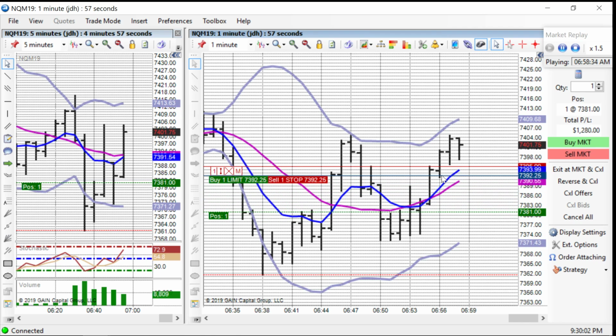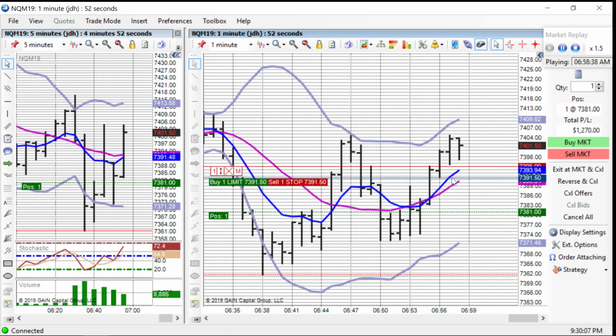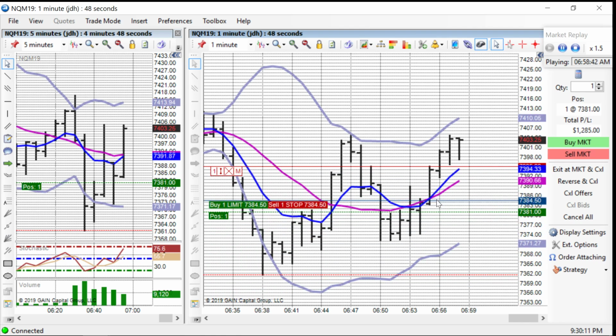So those are typical signals of an emerging uptrend after the crossover. So I decided to trail the stop loss based on those criteria.